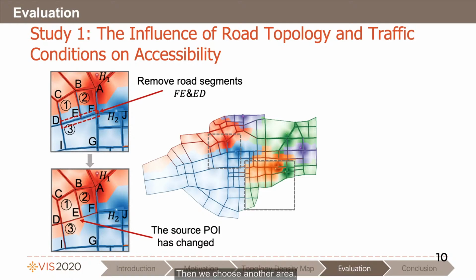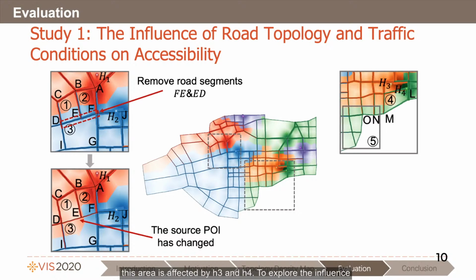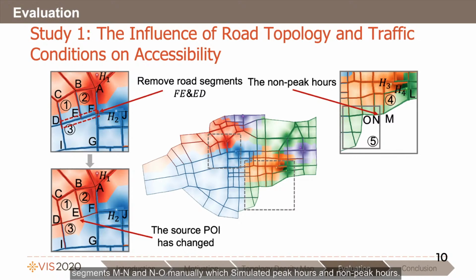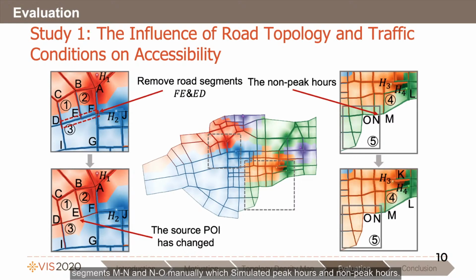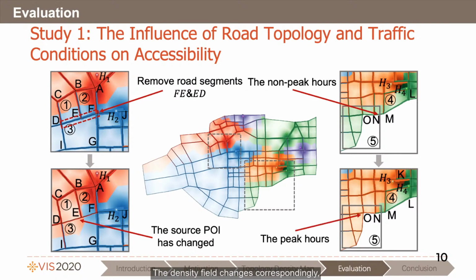Then, we choose another area. This area is affected by H3 and H4. To explore the influence of traffic conditions on density fields, we reduce the average speed of road segments Mn and No manually, which simulates peak hours and non-peak hours. The density field changes correspondingly.